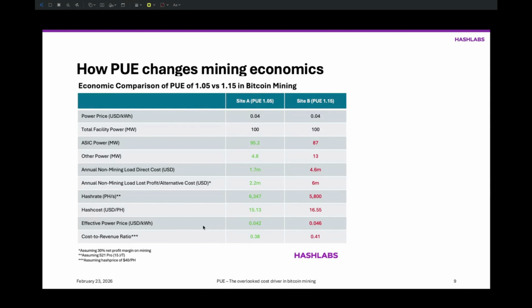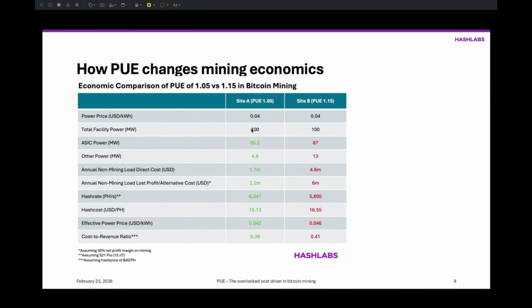And then the effective power price, that is the USD divided by the kilowatt hours consumed, because the site pays for 100 megawatts, but only 95.2 is actually used by the machines.